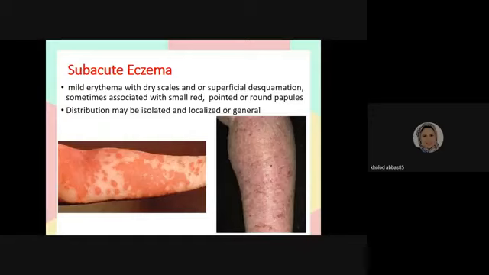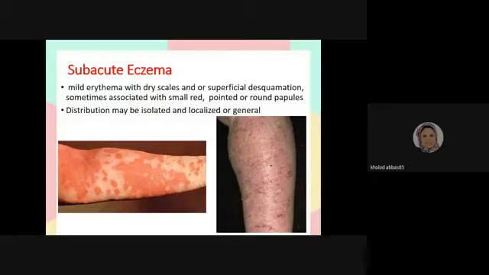In the subacute stage, milder erythema, slight scales, dry scales, or superficial excoriation. Sometimes you can see red, pinpoint or rounded papules. Can be localized or generalized as in atopic dermatitis.